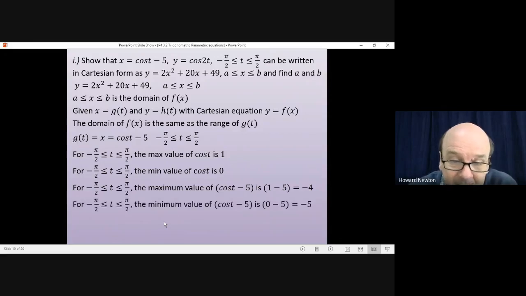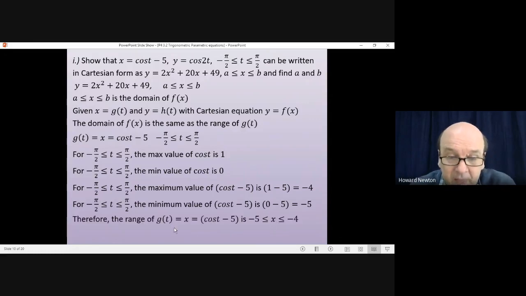And similarly, the minimum value of cos t minus 5 will be the minimum value of cos t, which is 0, take away 5, which is minus 5. Therefore, the range of g of t, the parametric equation x equals cos t minus 5, is from minus 5 to minus 4.